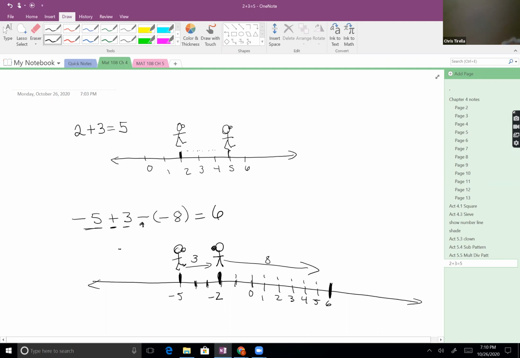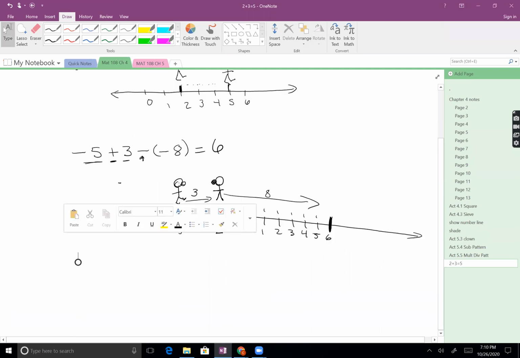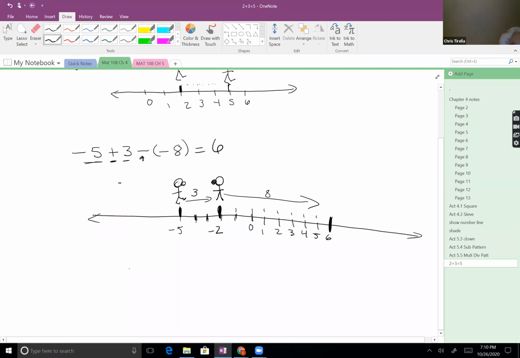What do you think of the clown way of doing it? Should we do some more? I'm just going to pull some random ones out. 6 minus -2.